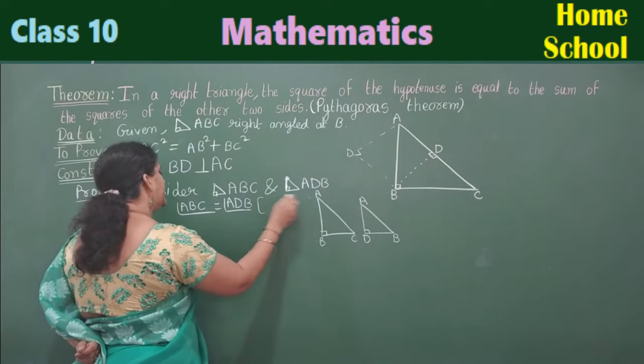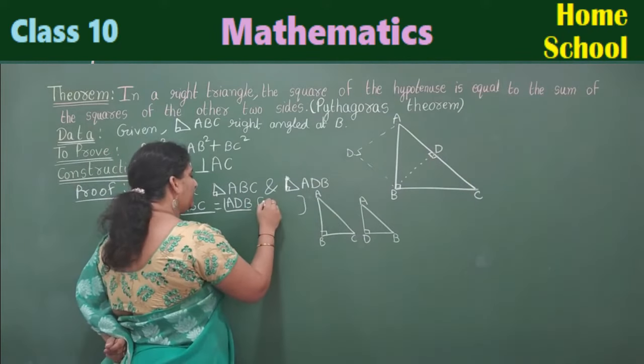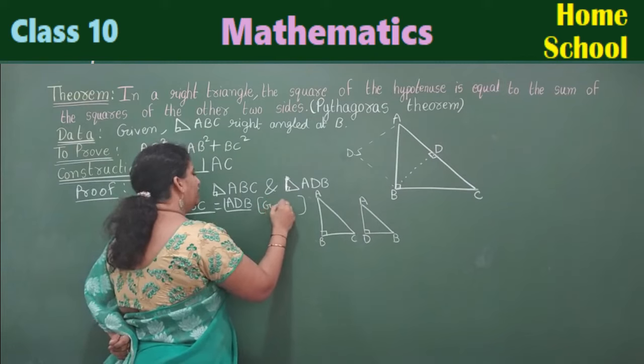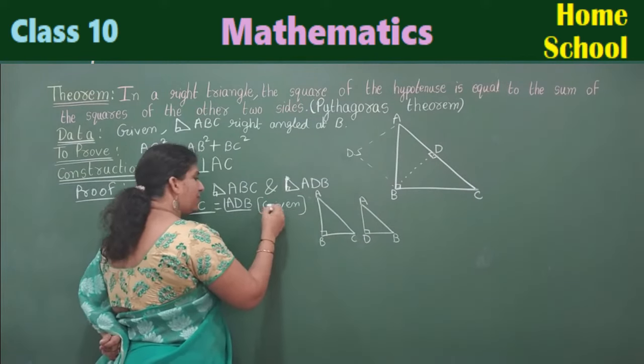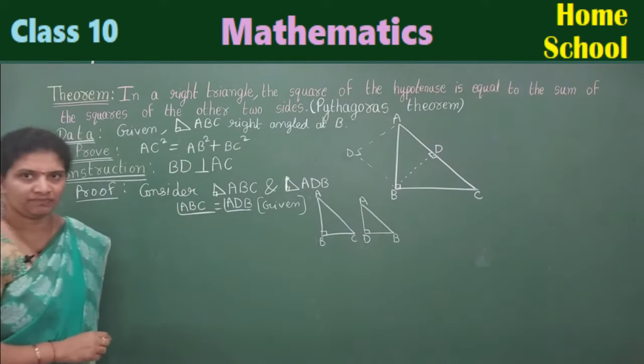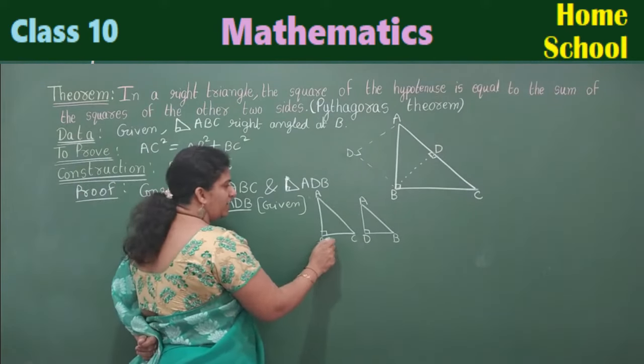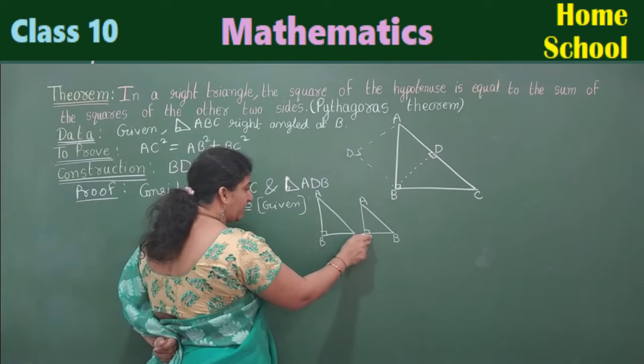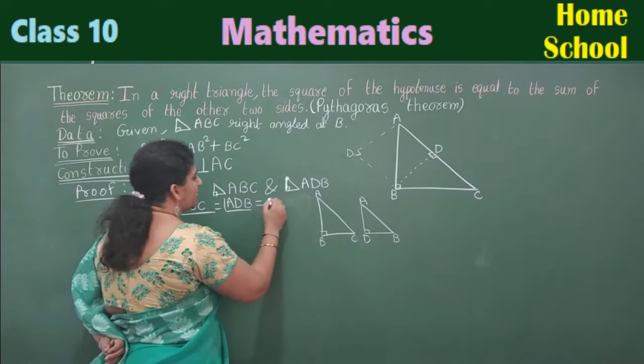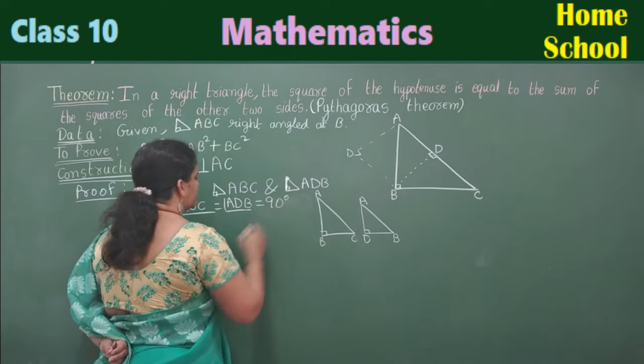What is the reason? Perpendicular, or given, or you can say by construction. Angle B is given, angle D we have done the construction. This is equal to 90 degrees, children.